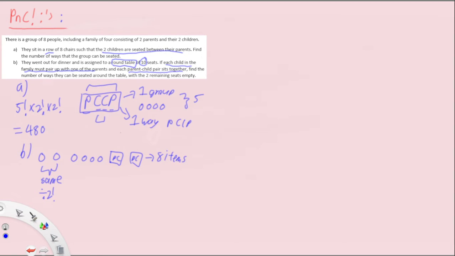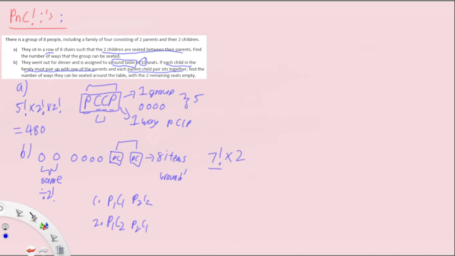Because you want to arrange them in a round table, you start off with 8 minus 1 factorial, 7 factorial. From here, you need to consider how many ways we can make this parent-child pair, because it could be parent 1, child 1, and otherwise parent 1, child 2. Then likewise, parent 2, child 2, or parent 2, child 1. So there are only 2 ways to arrange this PCPC.